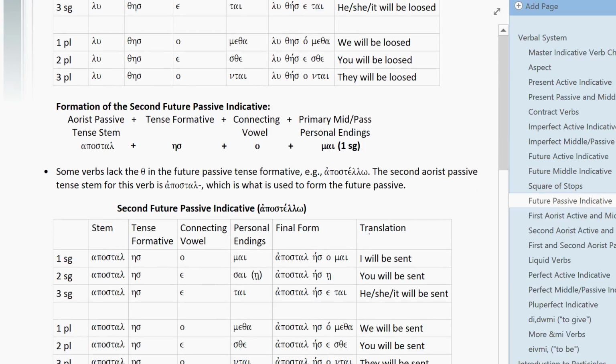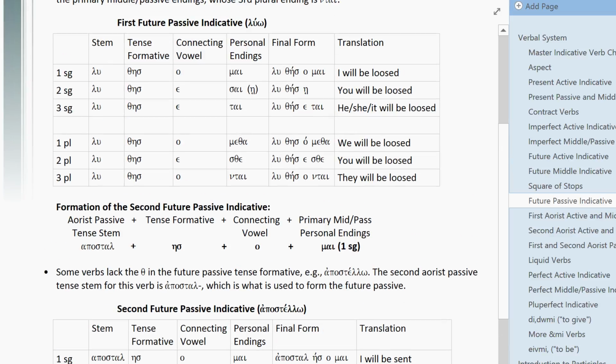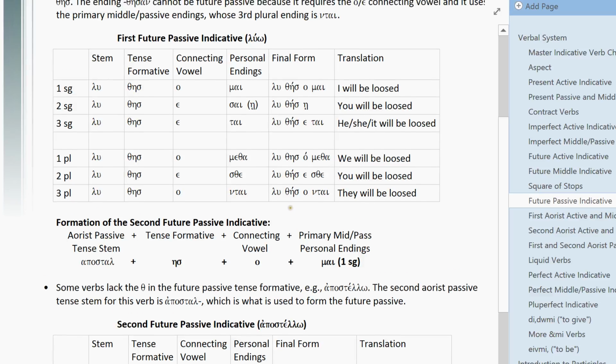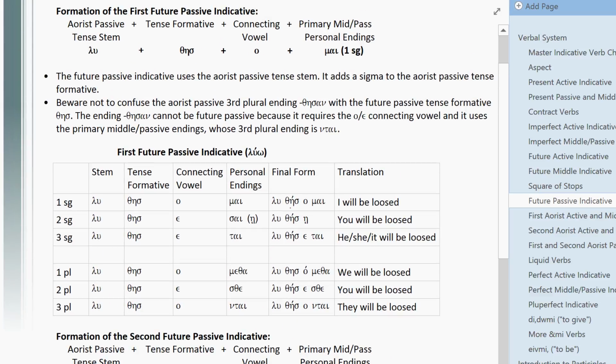Something like theisontai. What you just want to remember is that the future passive is building off the aorist passive, and that's why it's using the theta eta, because it really builds off the aorist passive. So you do see the theta eta here, and then you also see the sigma.